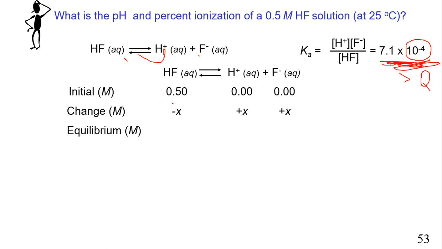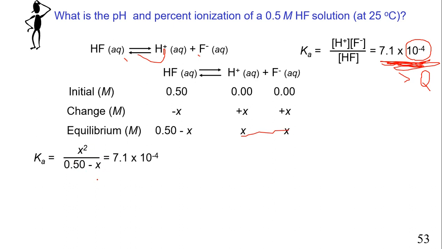So we have initial concentration, and of course you all now know this, minus x, plus x, plus x, and initial minus x, x, and x. All nice and dandy, my ICE table, initial change equilibrium, has been established, and we do Ka. Ka is going to be products divided by reactants, or H plus times F minus divided by HF, which is x squared over initial minus x.